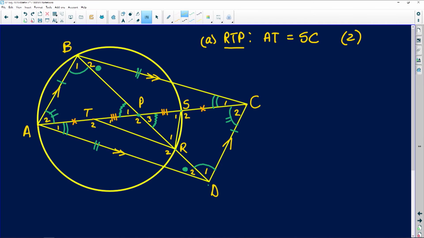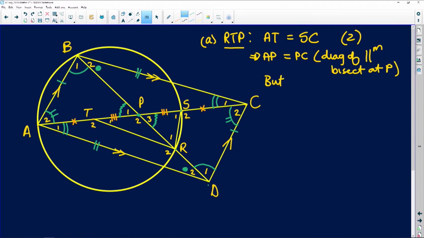We're going to start by saying that AP is equal to PC, diagonals of a parallelogram bisect at P. Okay, that's the shorthand for parallelogram. So that means AP is equal to PC, but they told us PT is equal to PS.